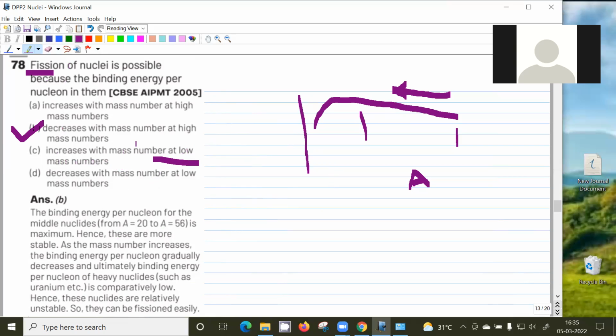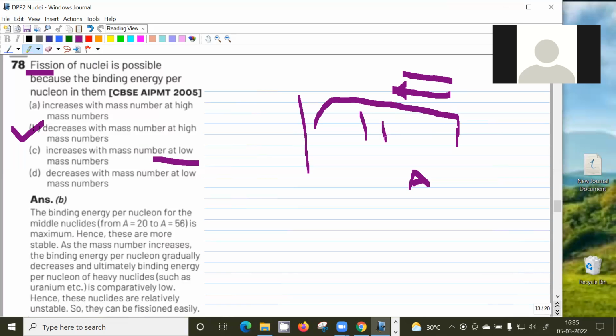But fission will happen at high mass numbers only. Fission means you have to go from here to here. We have to take this as a reactant, and my product will be here. Only that process will give me fission energy.